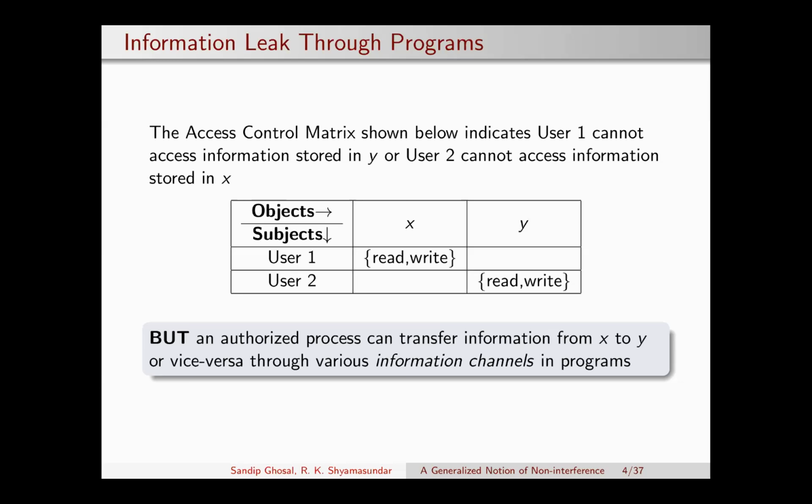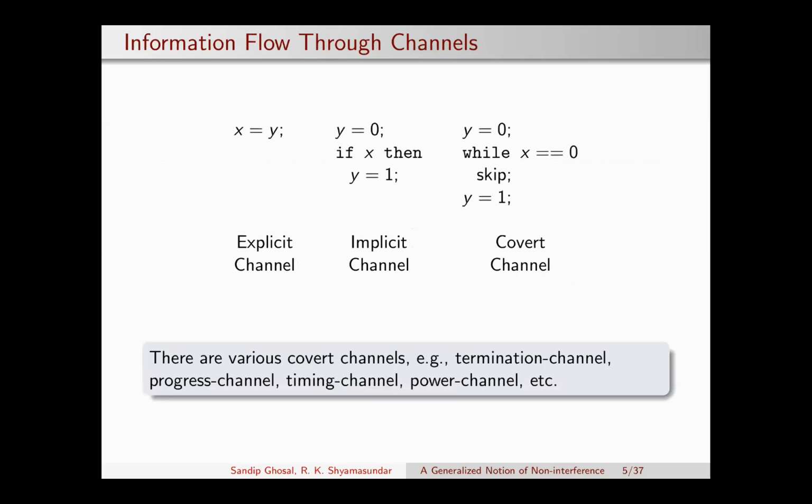through various information channels. Information channels can be categorized into three categories broadly: explicit channel, implicit channel, and covert channel. In case of explicit channel, an assignment statement, for example, x equals y, can leak information from y to x.